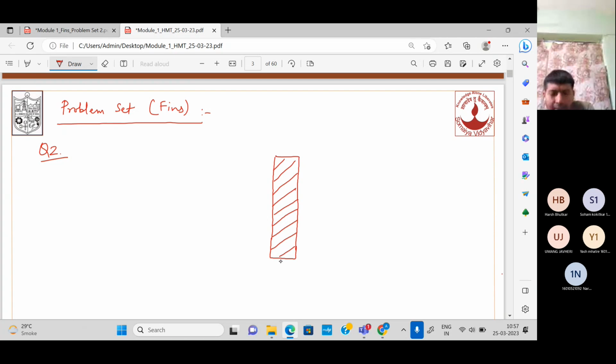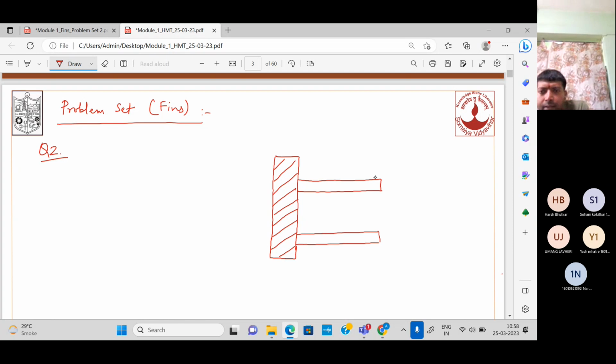One is made of brass and another one is made of copper.